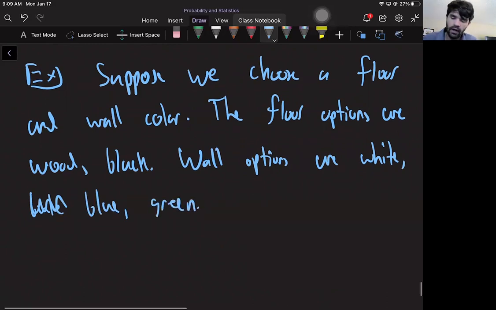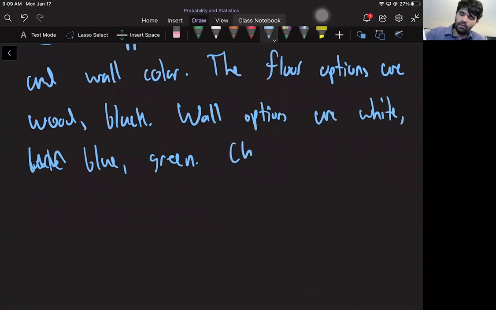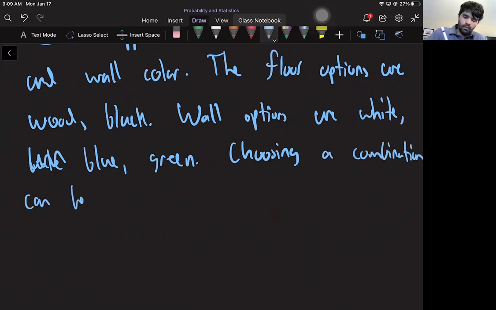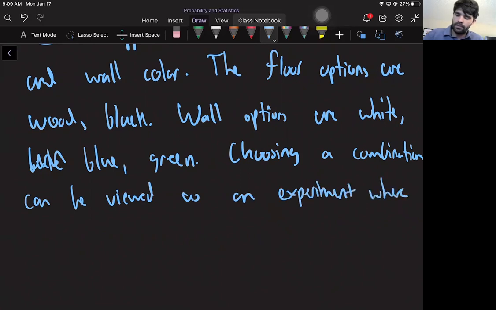So then choosing a combination can be viewed as an experiment where the sample space is just the list of all the possible combinations.